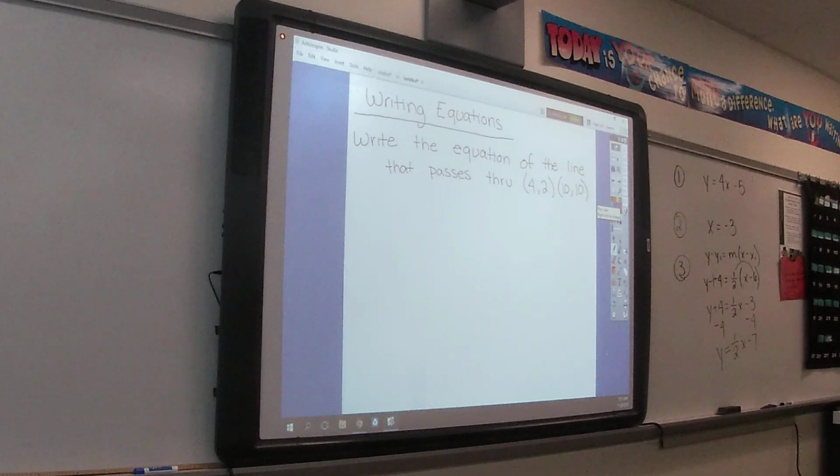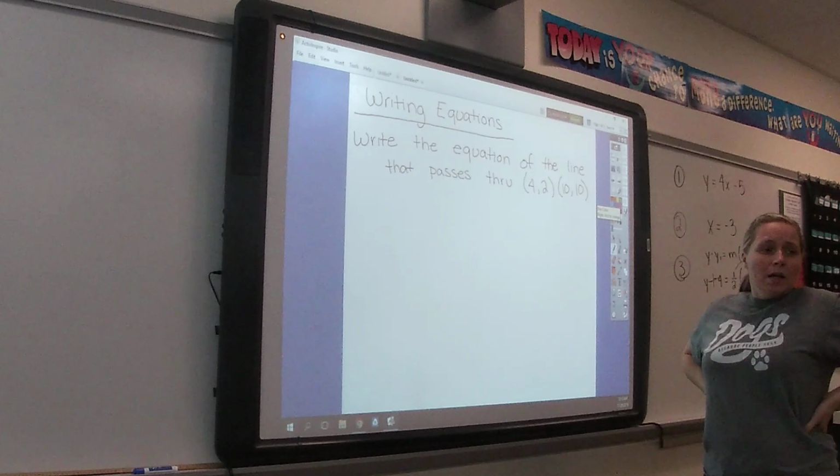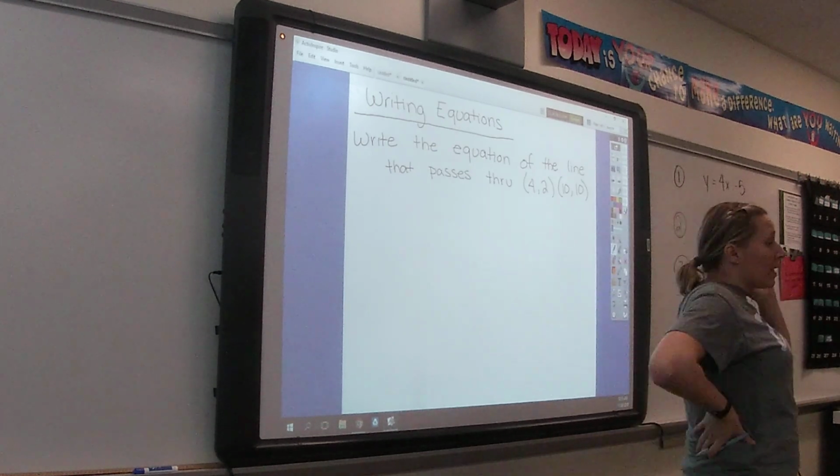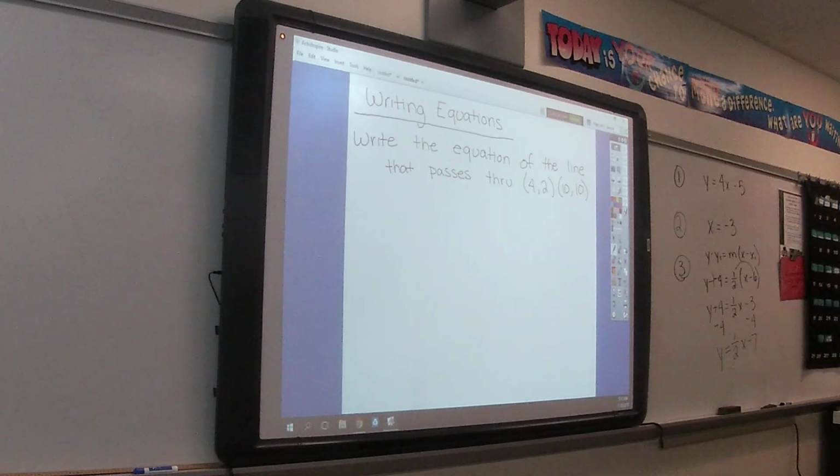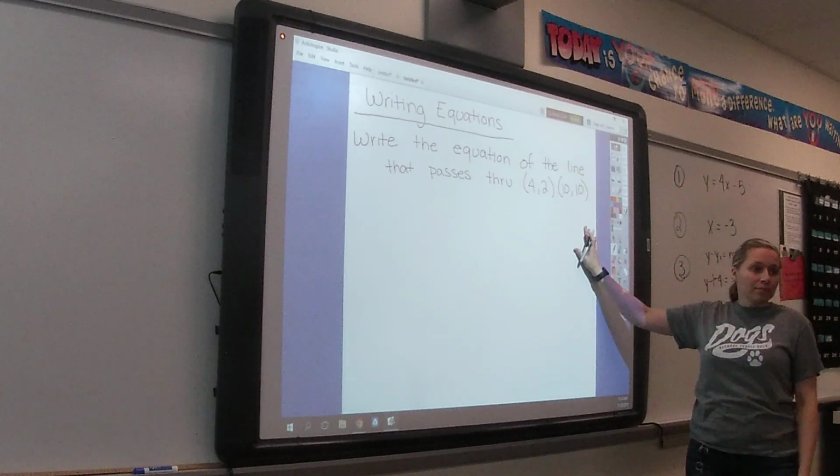Okay, so we said yesterday there were 3 ways that we could write equations of lines. We could write the equation of a line if we were given the slope and the y-intercept. Do we have M and B up here?